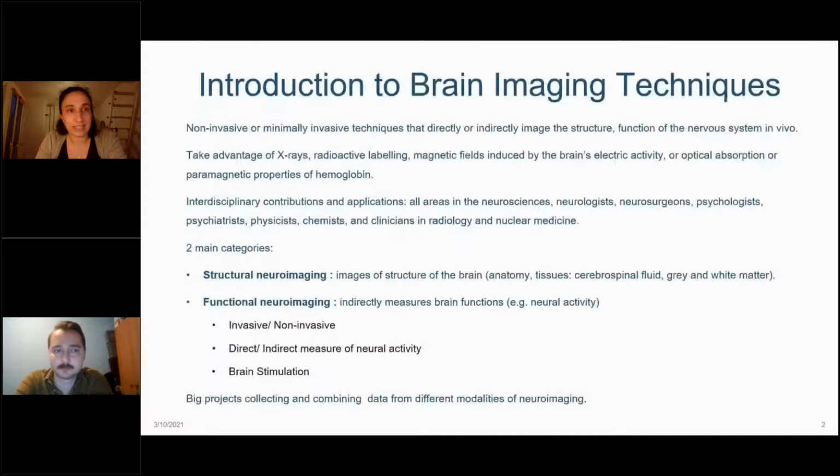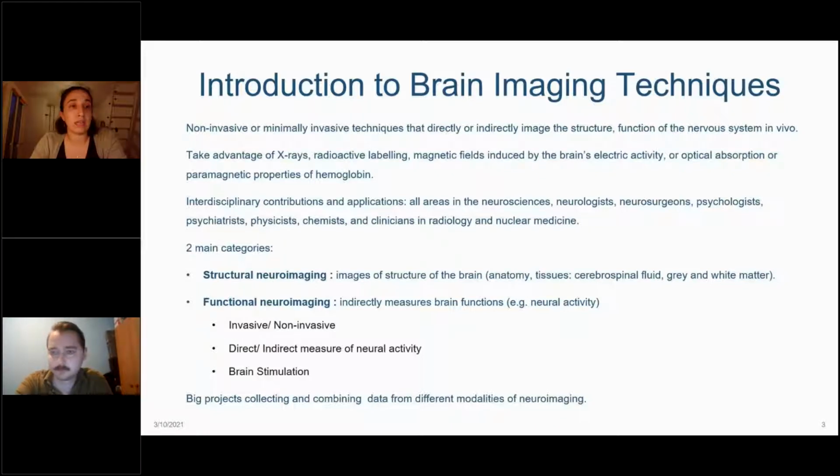So let's start. What are brain imaging techniques? We can answer that question by saying that usually it's a non-invasive or minimally invasive technique that directly or indirectly measures the structure or the function of the nervous system in vivo.